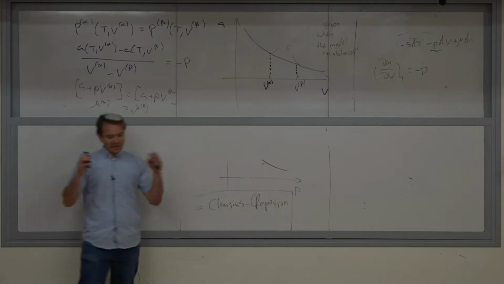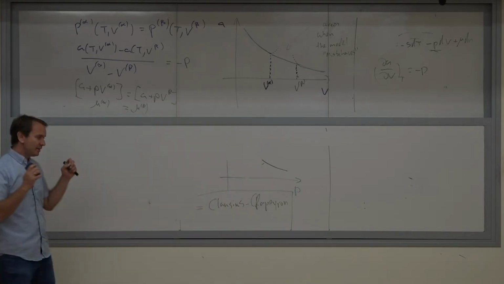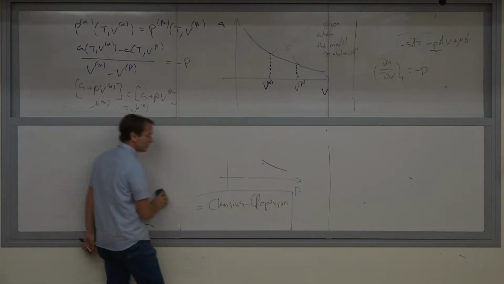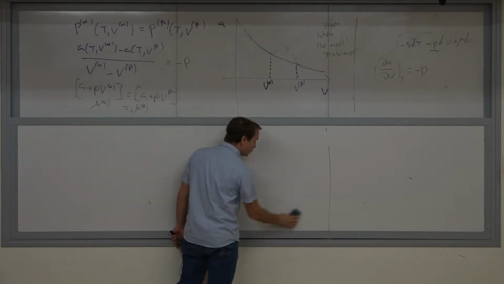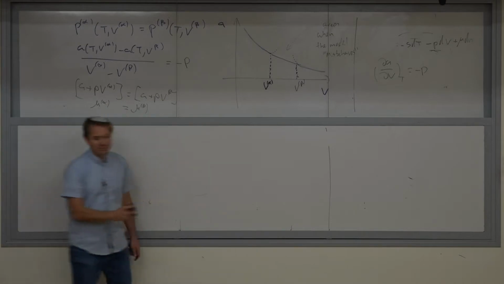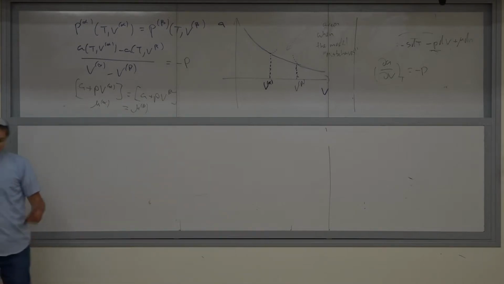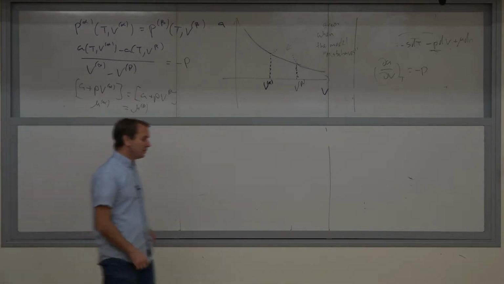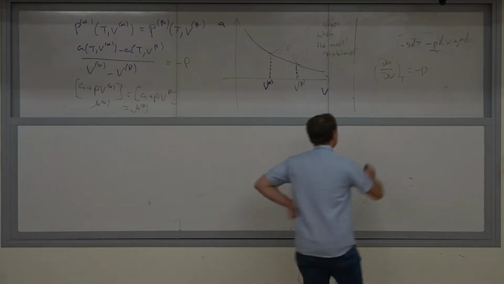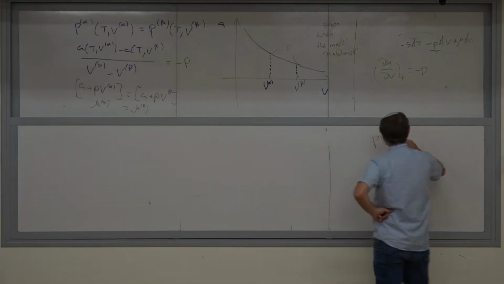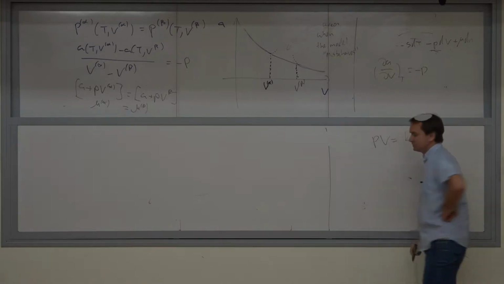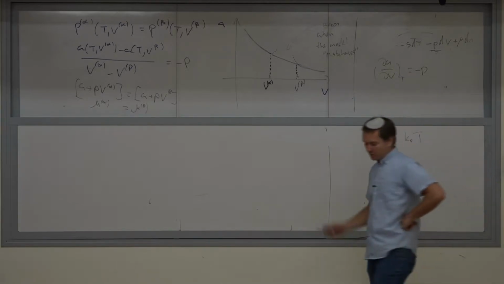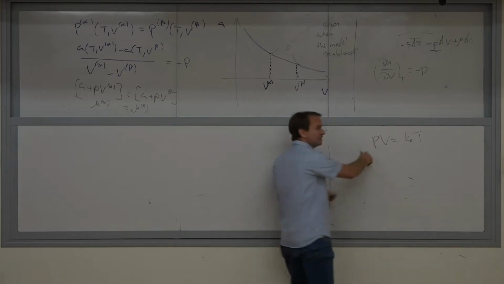He actually had in mind that the gas can be described as molecules that interact with each other. Because before the van der Waals gas, the only thing that we had was P V equals k_B T. This is the equation of the ideal gas.